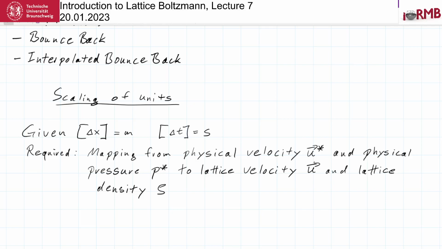But we express everything in these lattice units. Here we write the physical velocity u asterisk and the physical pressure p asterisk. This is the velocity and the pressure given in physical units, and they then have to be expressed in terms of these lattice units.